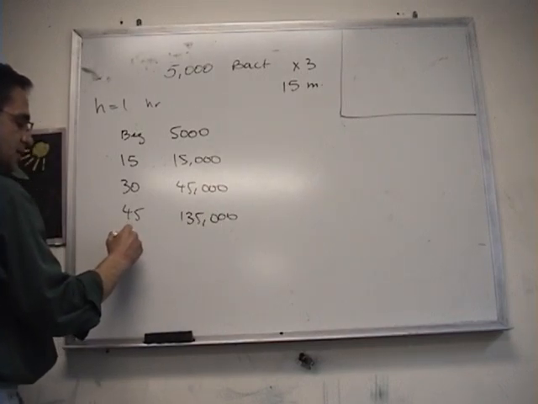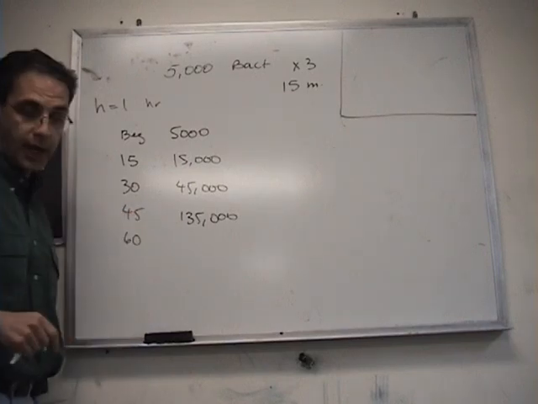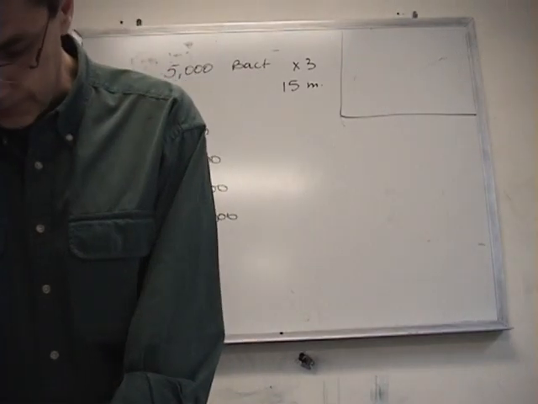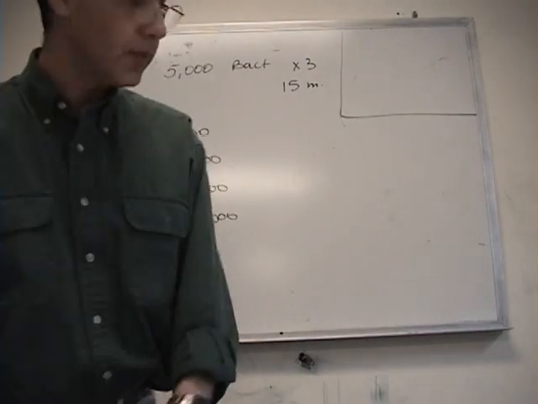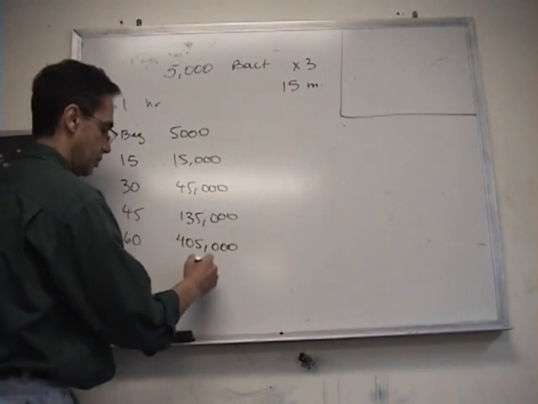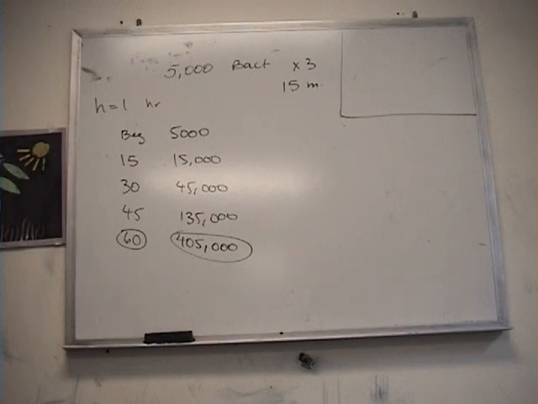And then 60 minutes later, which is H equals 1, we have to triple this. I can't do this in my head. Can somebody do it? 405,000, thank you. So at the 1 hour mark, we need this many bacteria.